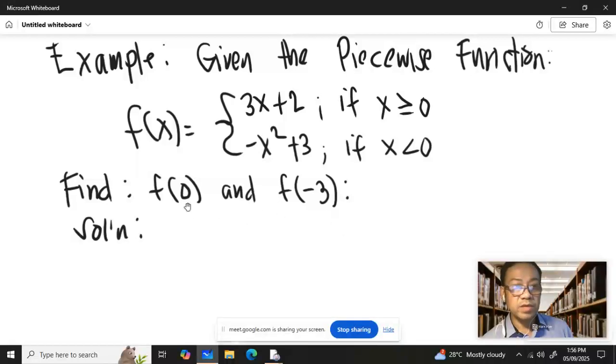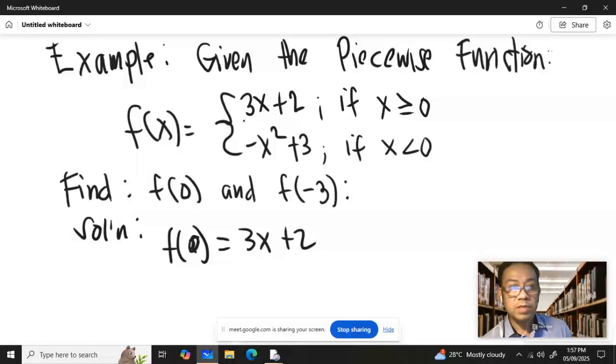For f of 0, if x is 0, we can see what condition we will be using. So since this is 0, we have here the first condition, if x is greater than or equal to 0. Thus, for f of 0, we will use 3x plus 2.